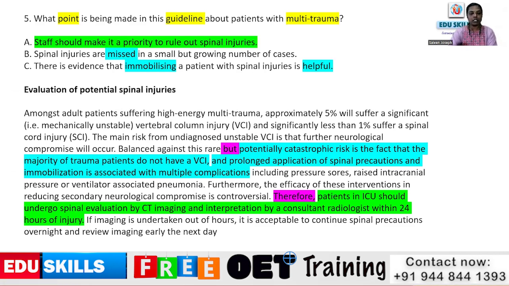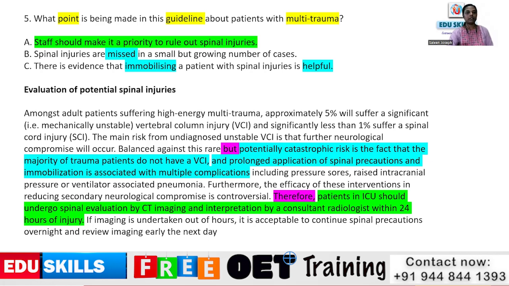Therefore, patients in ICU should undergo spinal evaluation by CT imaging and interpretation by a consultant radiologist within 24 hours of injury. Okay, so here the staff should make it a priority. That is, you have to do it within 24 hours of injury. Okay, so that's what it is telling. You have to make it a priority to rule out spinal injury.